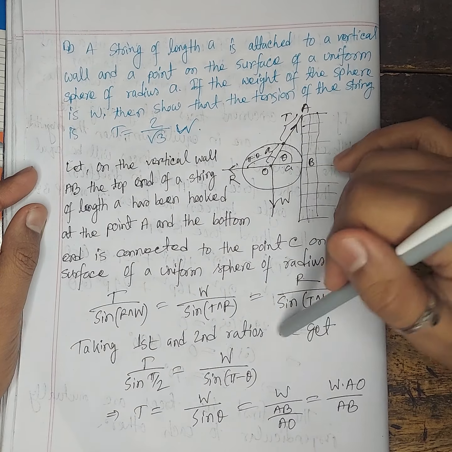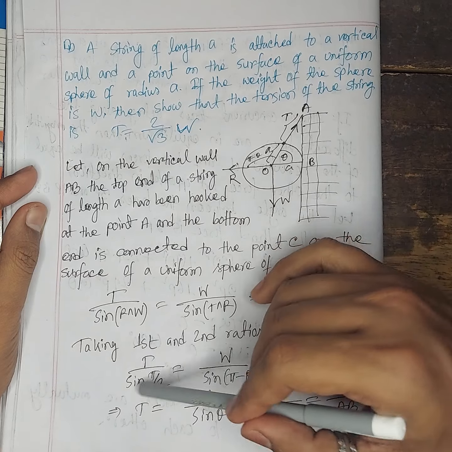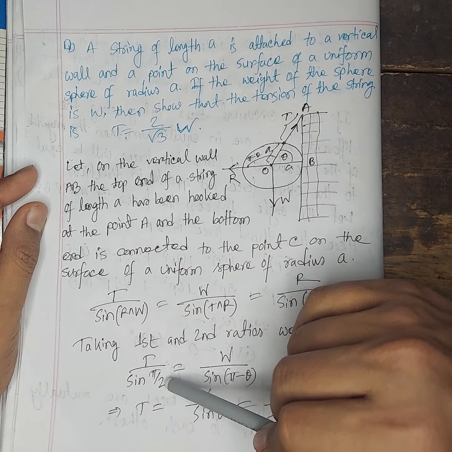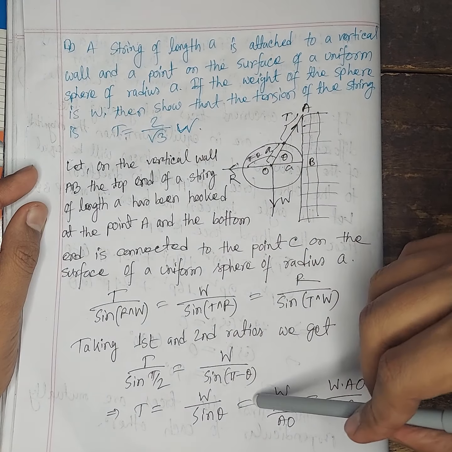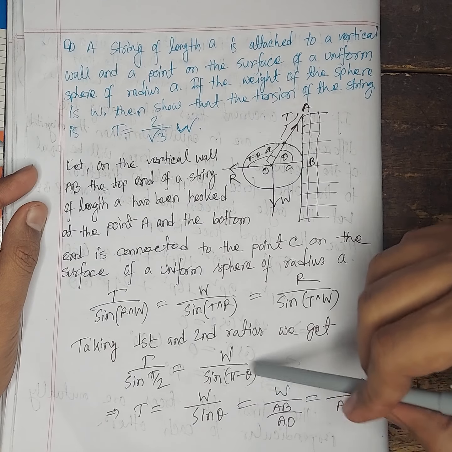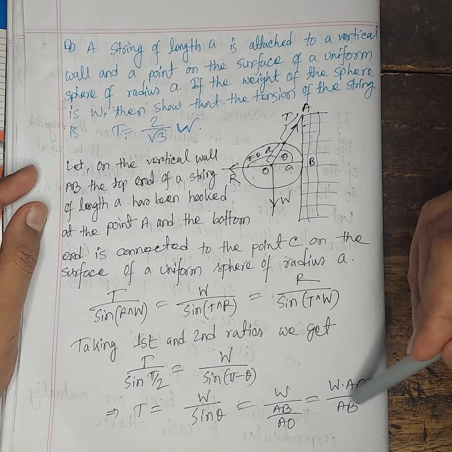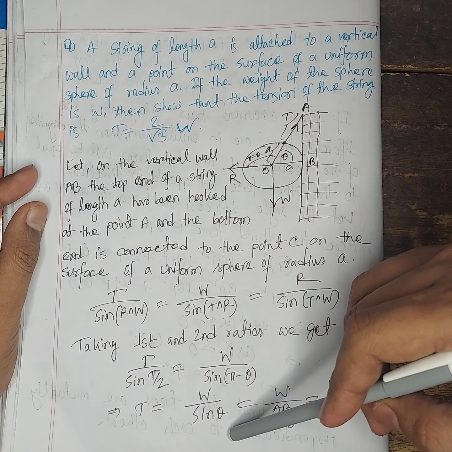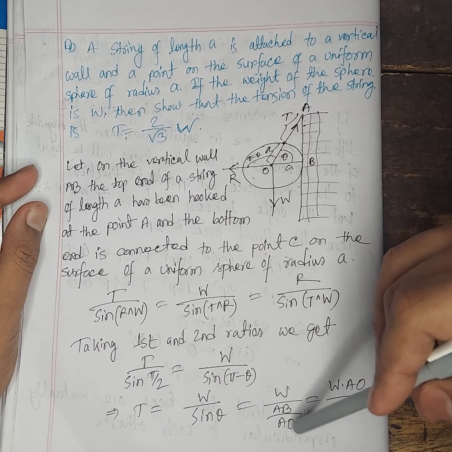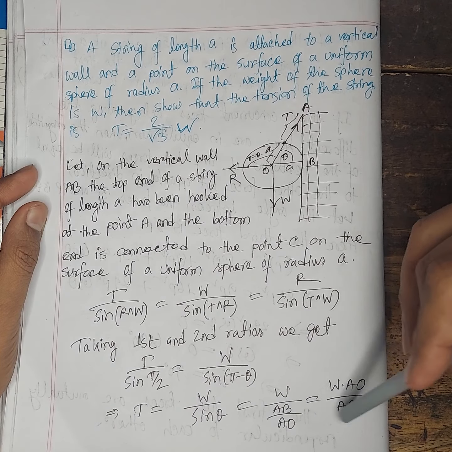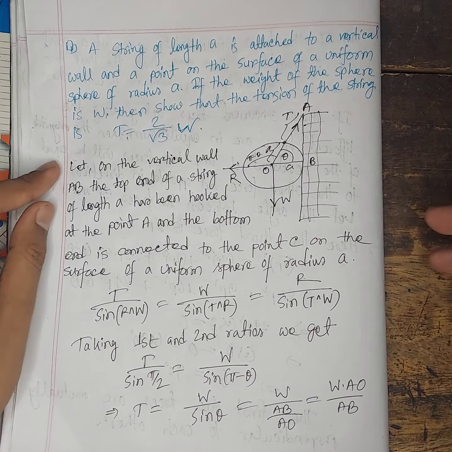Taking first and second ratios, we get T by sin pi by 2 equals W by sin (pi minus theta). So T is equal to W by sin theta, that means AB by AO, so W times AO by AB.